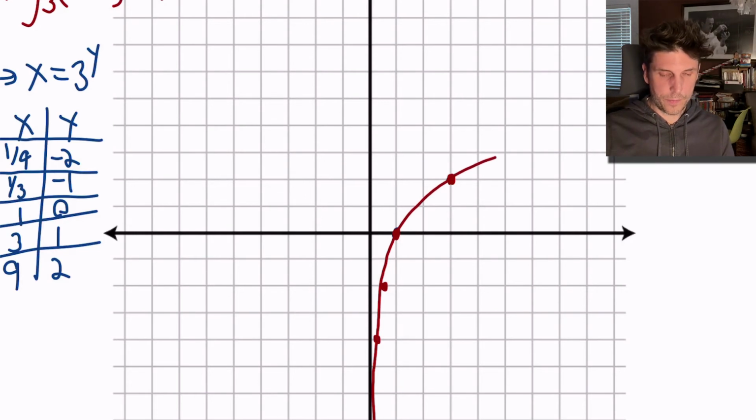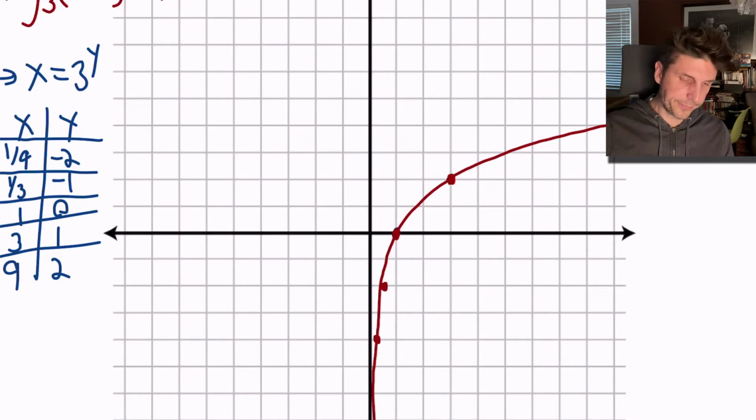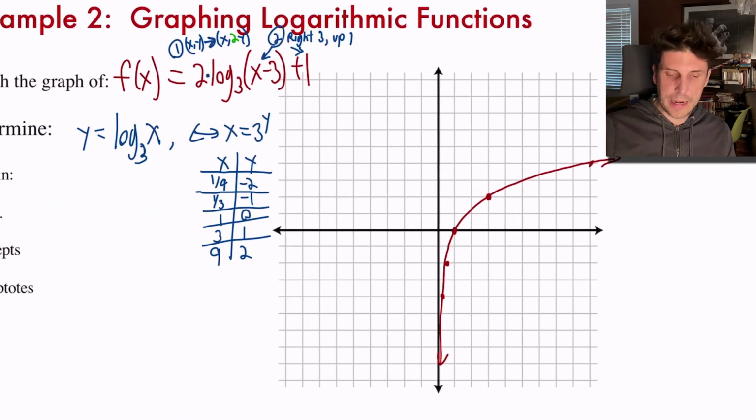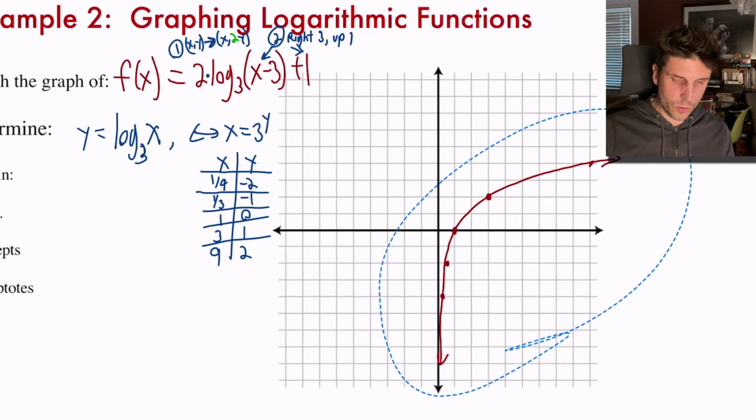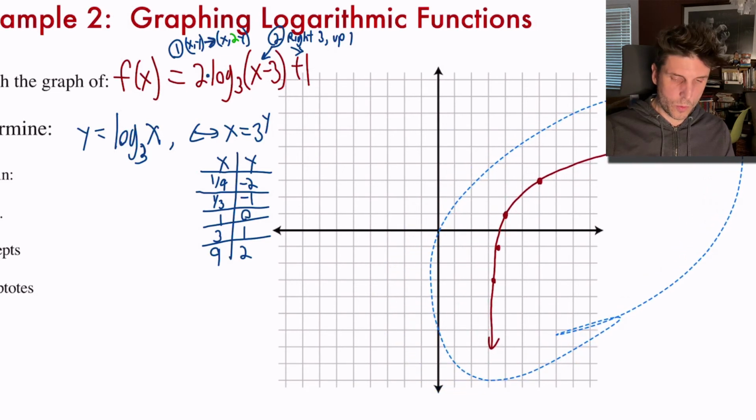And we know that it takes off and goes like that. Notice how I'm snuggling up to that vertical asymptote at x equals 0. All right, so the last move is to take all of my key points and shift everything to the right 3 and then go up 1. So 1, 2, 3, and then up 1.